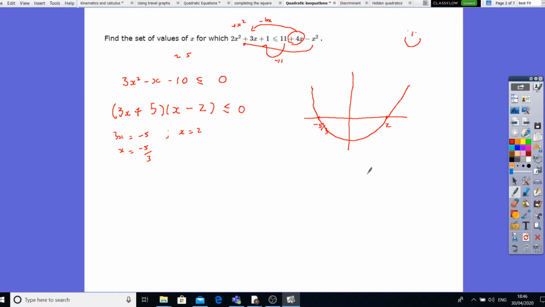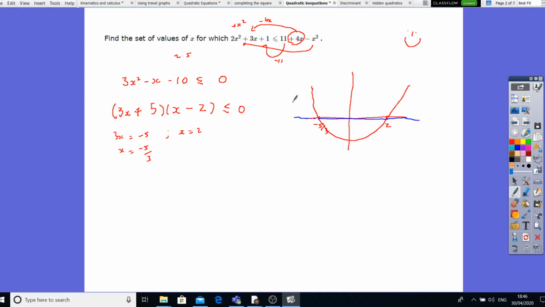Same thing again. Now this time, this is my 0 line, so it's going to include this line, so I can make that thick, and that is the 0 line. Okay, and we want all the part of the graph when the graph is less than or equal to 0.